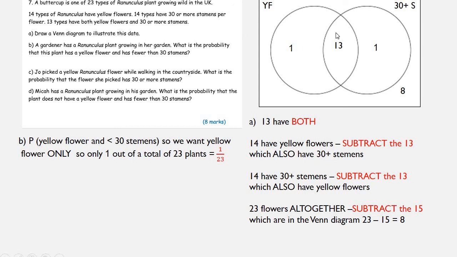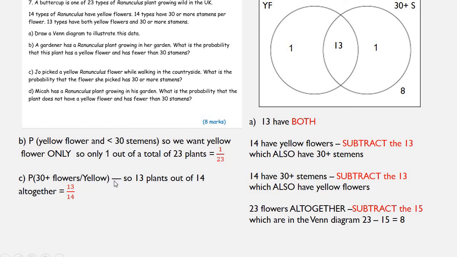We know that she's picked a yellow flower, so our denominator is going to be the total of yellow flowers, and the numerator is the number that also have 30 plus stamens, which gives us 13 plants out of 14. And the way this is written here mathematically, the probability of 30 plus stamens given that it's yellow. That's what that slash means there.